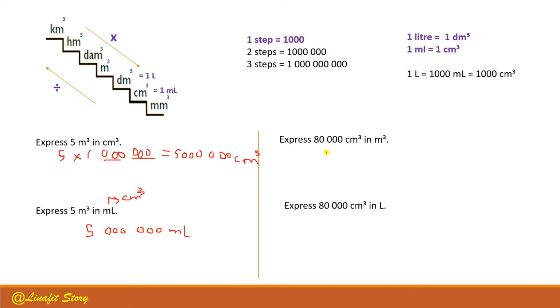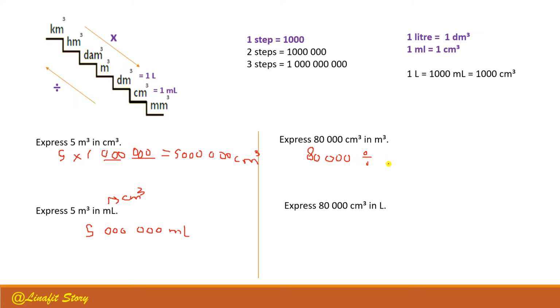Express 80,000 cubic cm in cubic meter. From cubic cm to cubic meter, step up. So we divide 80,000 divided by how many steps? From cubic cm to cubic meter, 1, 2. 2 steps.